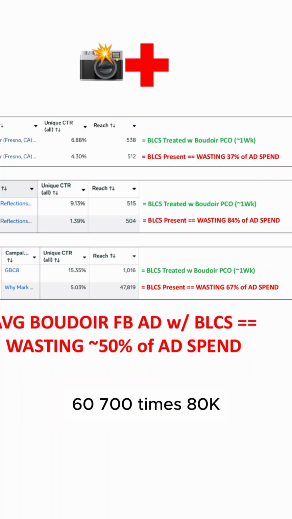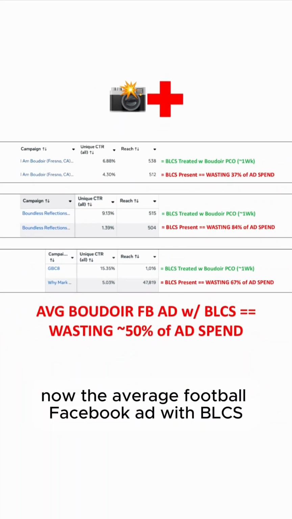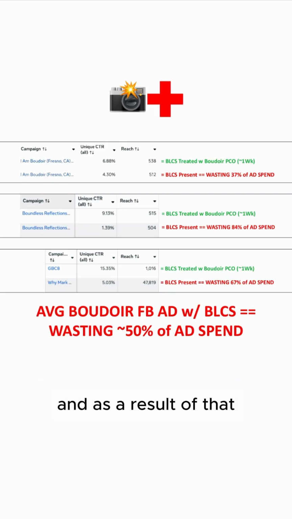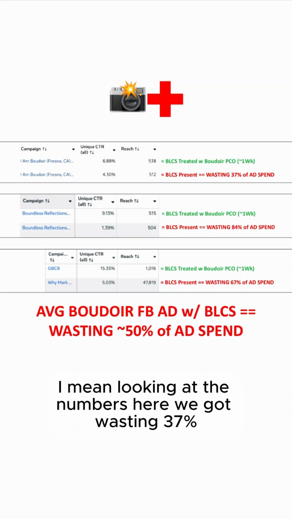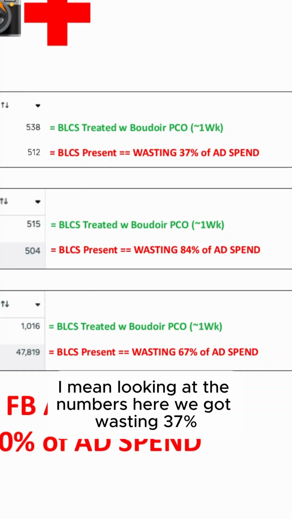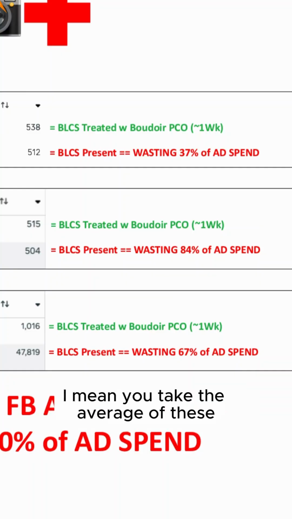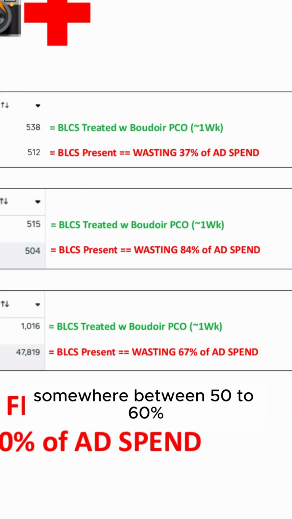Now the average Boudoir Facebook ad with BLCS we're seeing has been wasting about 50% of its ad spend. Looking at the numbers here, we got wasting 37%, wasting 84%, wasting 67%. You take the average of these, somewhere between 50 to 60%.